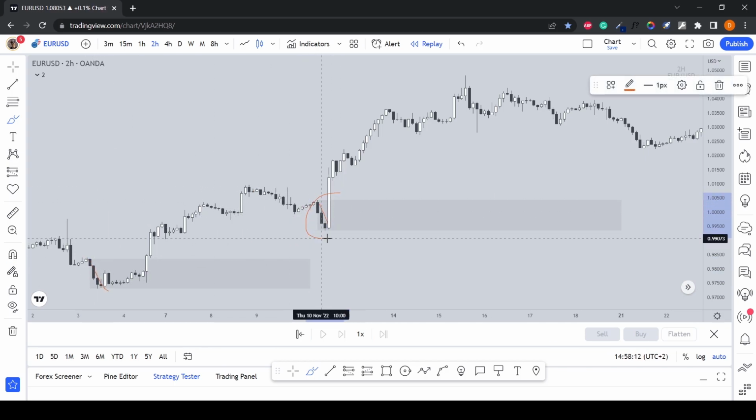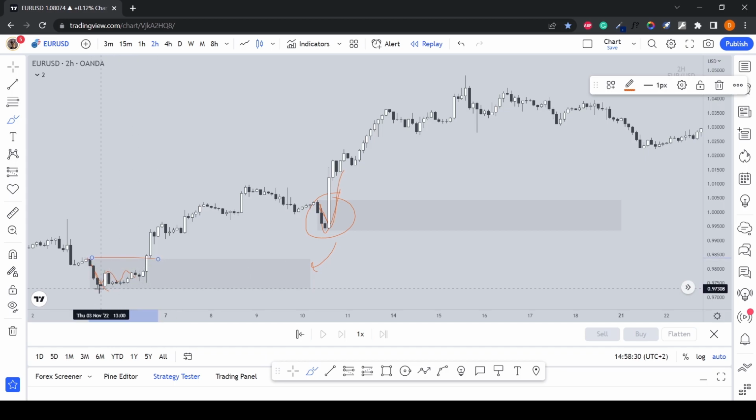And by the way, this zone is even better than this one if we discuss this quality, because you see what happened: a down move and up move, only down and up. But here you had a down and then up and down again.